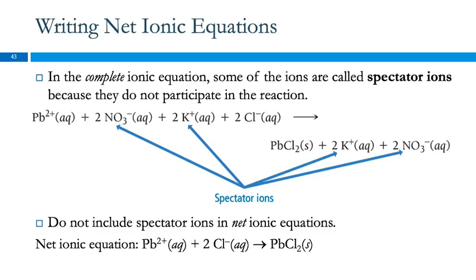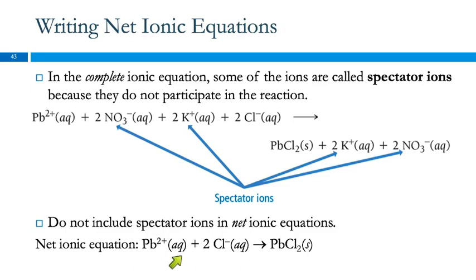So the net ionic equation, we cross out the spectator ions because they're just watching, they didn't participate. And we just write what actually happened in the chemical reaction. It's a little bit like your gross paycheck versus your net paycheck, right? Your gross paycheck is much bigger, and the net paycheck is smaller because they take out taxes and this and that and the other thing, right?